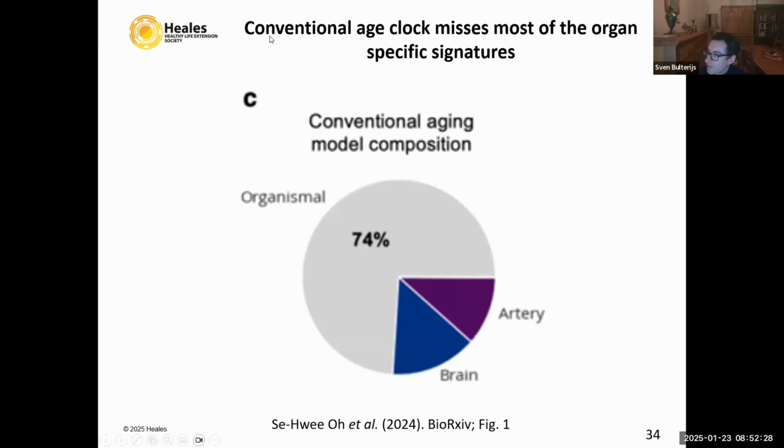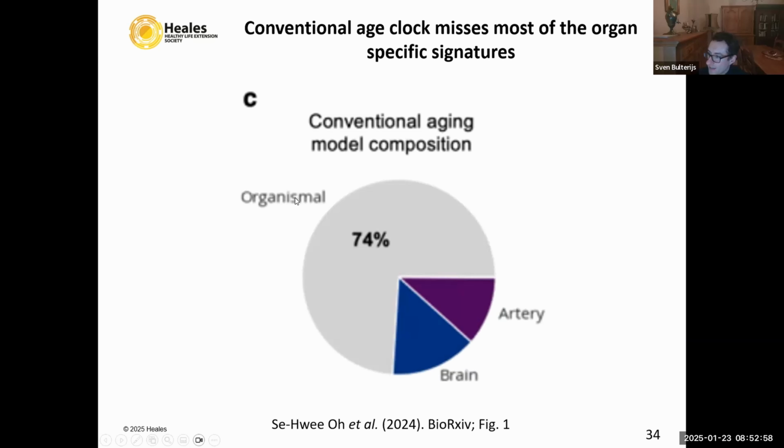What they also find is that the conventional age clock, the one that uses all the proteins, misses most of the organ-specific signatures, in the sense that if you look here, organismal, there's a clock based on all the proteins minus the organ-specific ones, accounts for 74% of the conventional aging model, which is based on all the proteins.